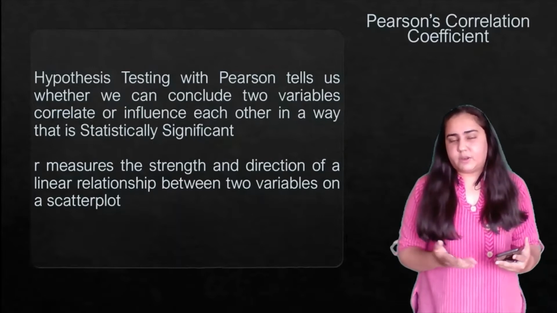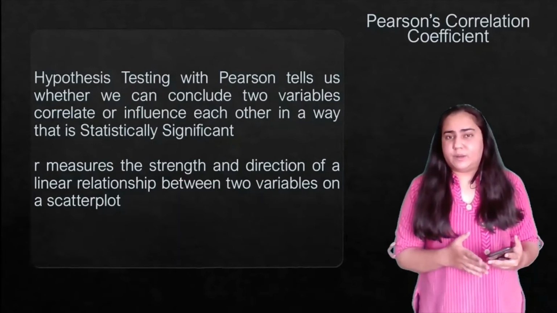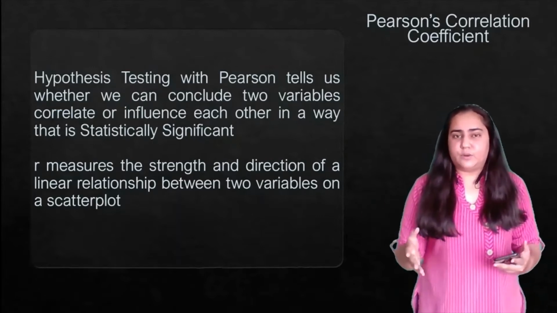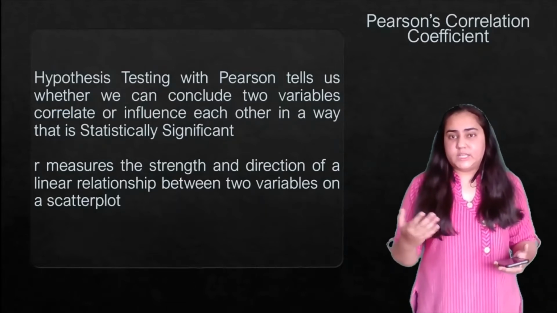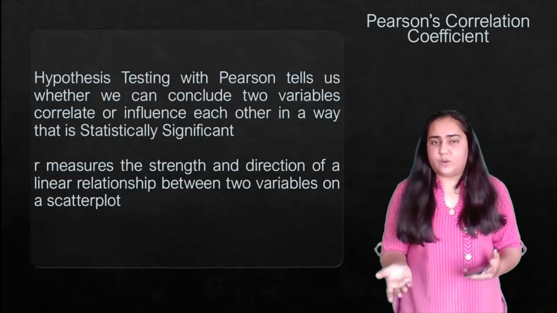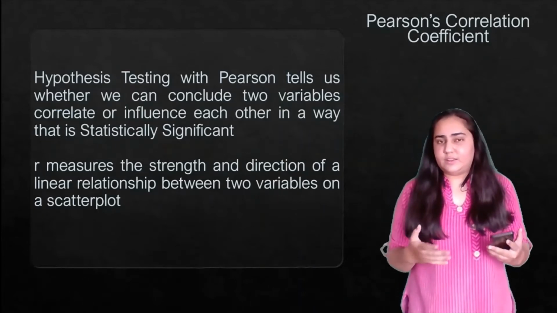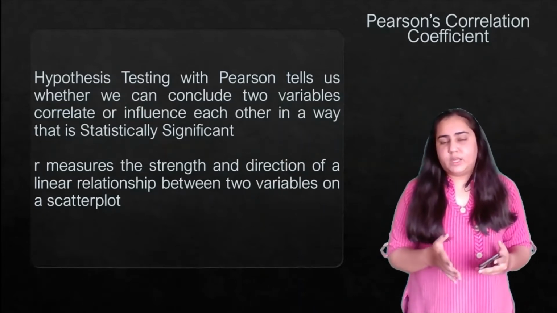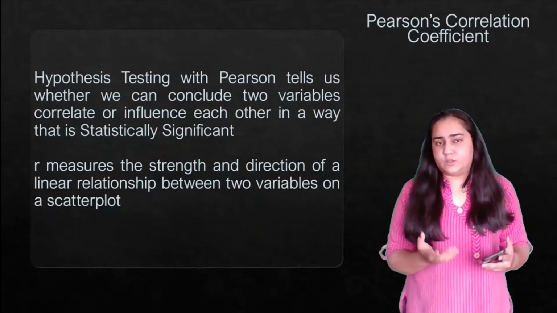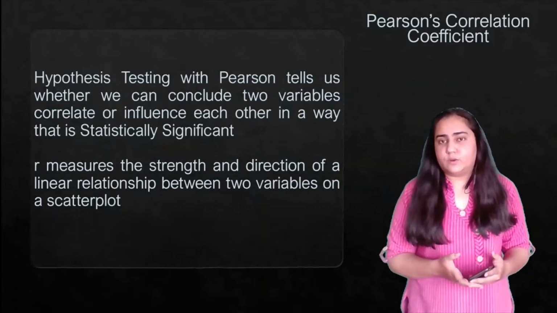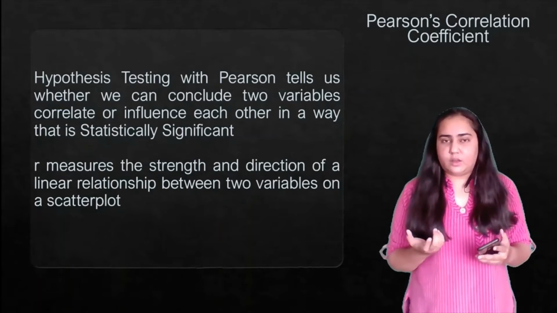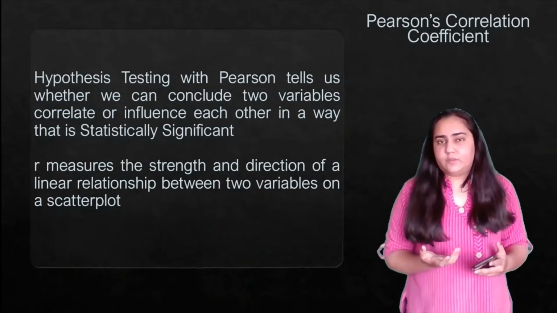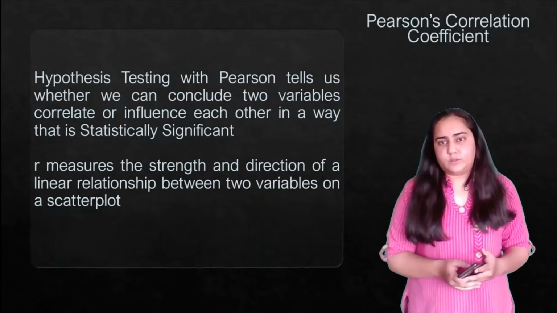The direction matters, whether it is a positive correlation or a negative one. If one variable increases, does the second one decrease or increase? That sort of relationship is also in the picture. And if we can find the value of this R, then we can answer all these questions.